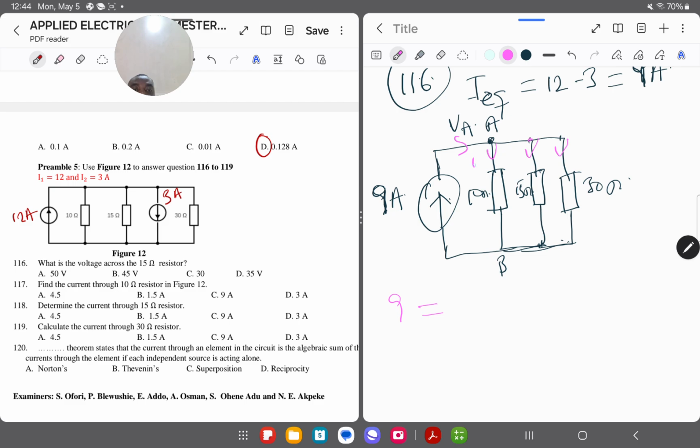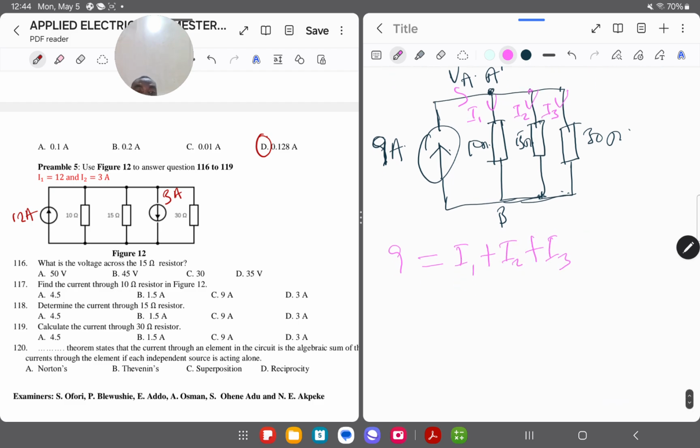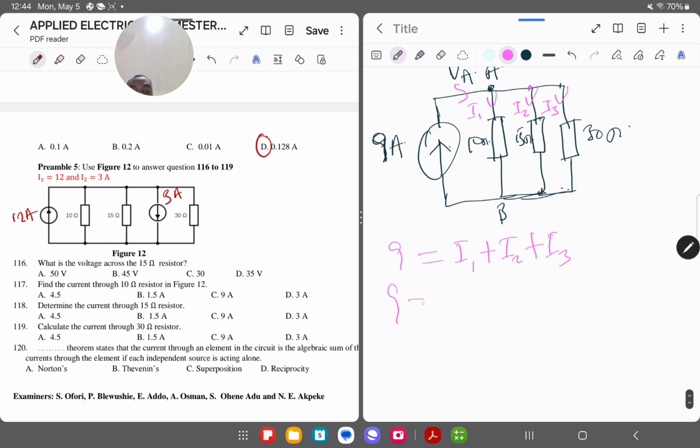So let's label them I1, I2, I3. I can write 9 amps equals I1 plus I2 plus I3. What I've used here is Kirchhoff's current law. That's what I did at node A.